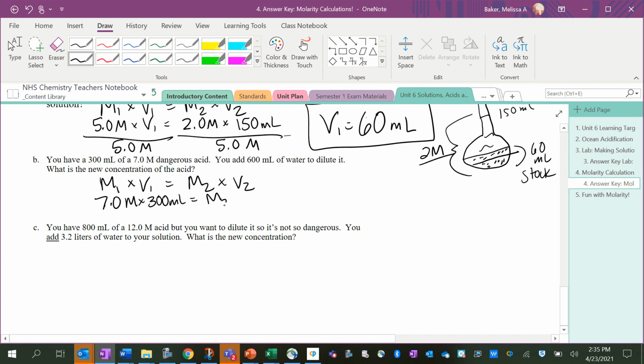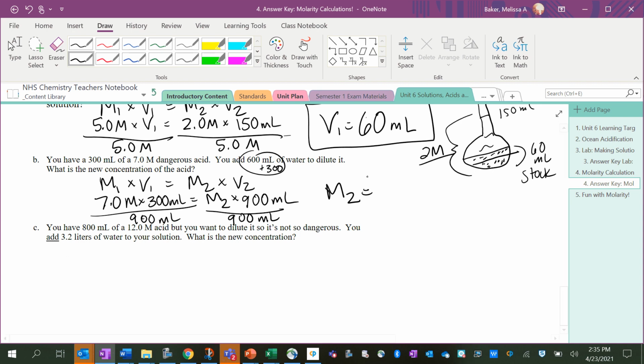We don't know the new concentration, but we added 600 to the original 300. So the new volume is 900 milliliters. A lot of people miss adding that together. So now I need to divide both sides by 900 to get my new concentration on its own. 7 times 300 divided by 900. Answer is 2.3 molar acid.